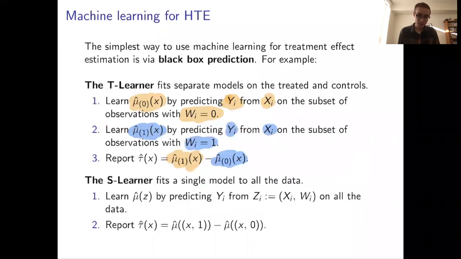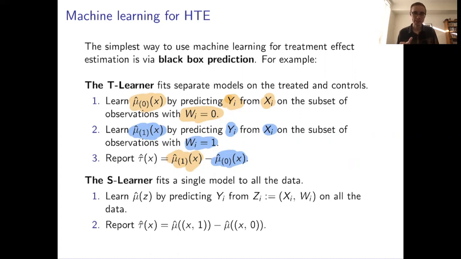Another very similar thing you could do, but which algorithmically looks different, is that instead of predicting Y from X on treated and control separately, you could glob your X's and W's into a single covariate, call it Z, and learn to predict Y from X and W simultaneously.